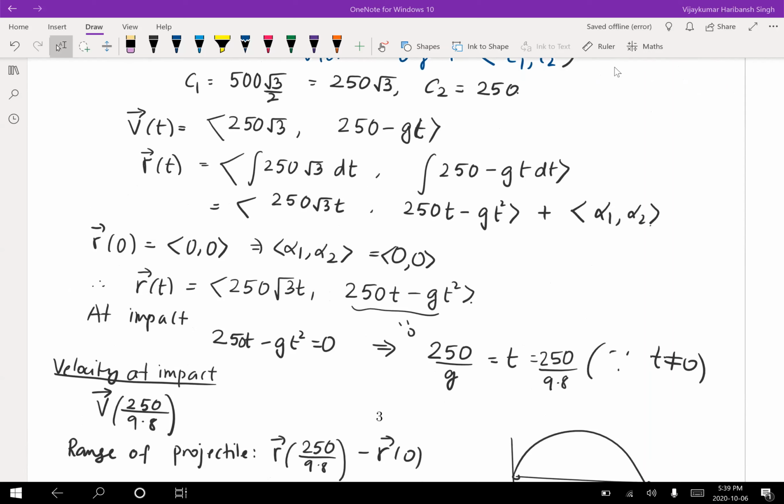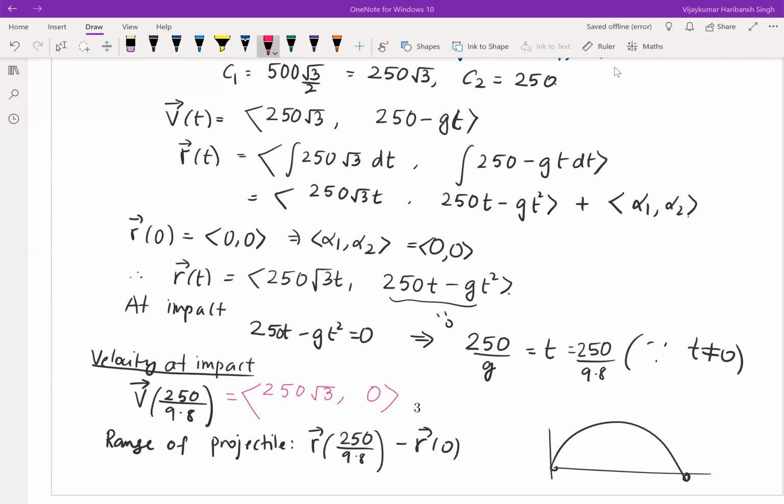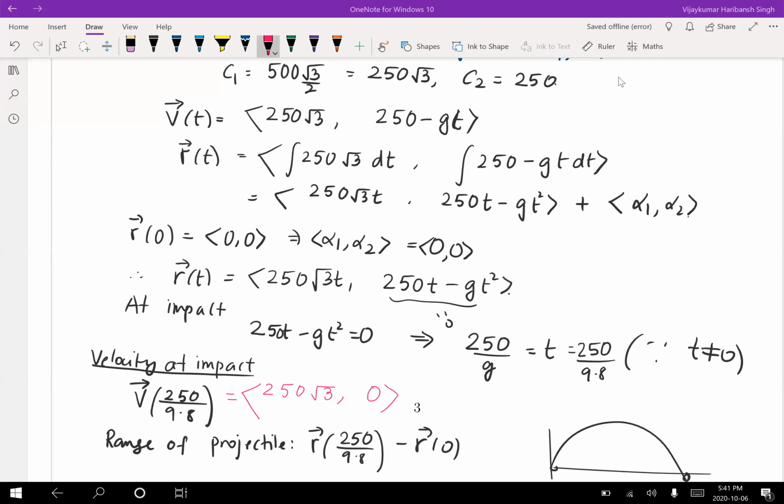So this should have been g times t squared by 2, because integration of t is t squared by 2. So this has to be t squared by 2. This would have meant that it's 2 times this, and that would have meant that it's 500 by 9.8.